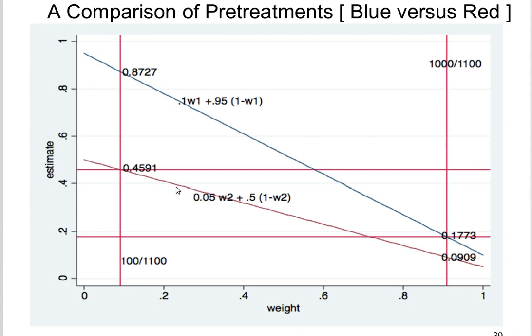Now, in epidemiology and in biostatistics, we have new terminology that comes into play with this display, and that is the notion of counterfactuals. In this particular display, there are two numbers that are, shall we say, real, the 0.4591 and the 0.1773 are actual. Further, the endpoints of these lines at 0 and 1 are, in fact, the surgery-specific numbers.